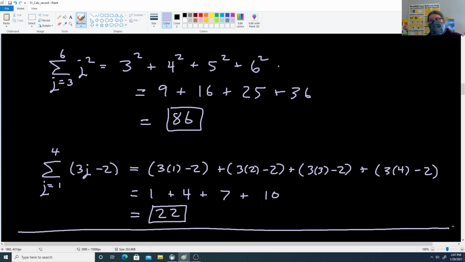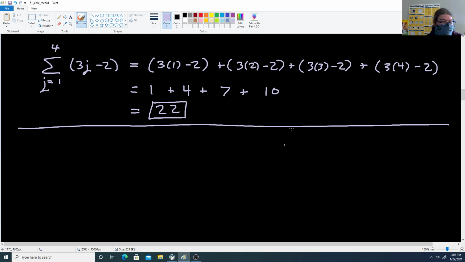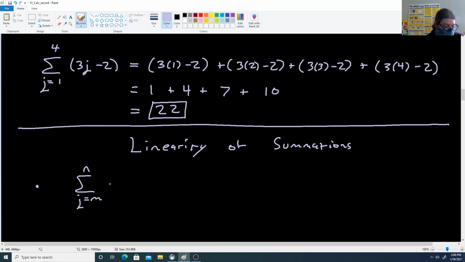Okay, so that's a little bit about how that notation works. There's a couple properties we want. So we get this linearity of summations. So we get a couple things here. If we have the sum of j equals m up to n of a_j plus b_j, we're able to view these terms individually.